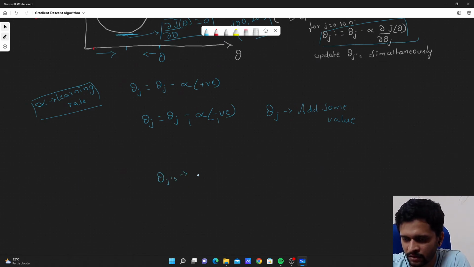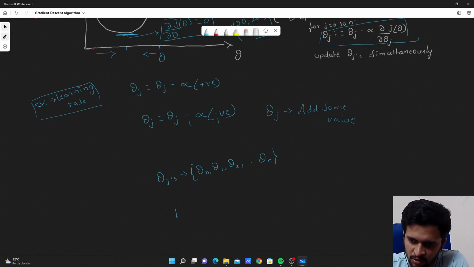Those thetas you can use in your hypothesis to predict your upcoming values. In the case of linear regression, h theta of x is given by theta 0 x0 plus theta 1 x1, right? So this is univariate linear regression.